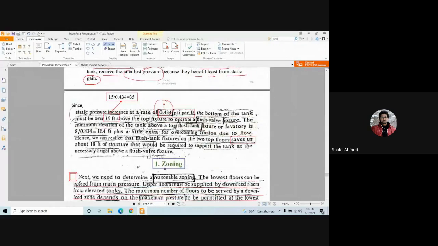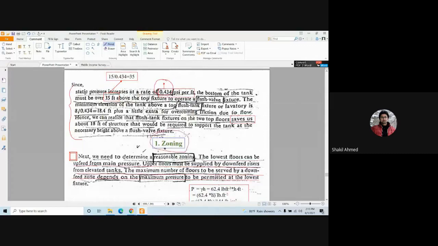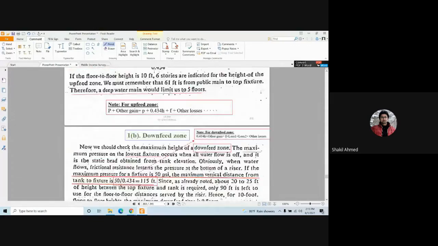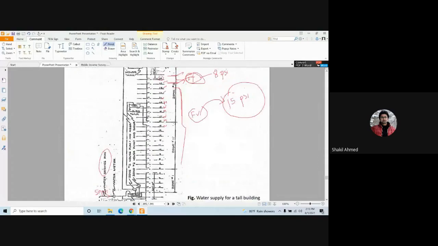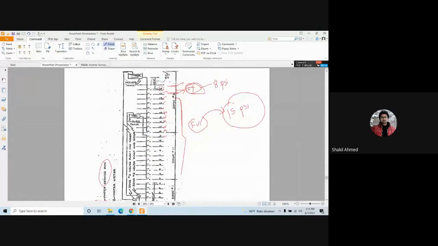So that's all they have been telling us. Okay. Now zoning. You have to determine which floors will be supplied water by what type of arrangement, downfeed arrangement or upfeed arrangement.